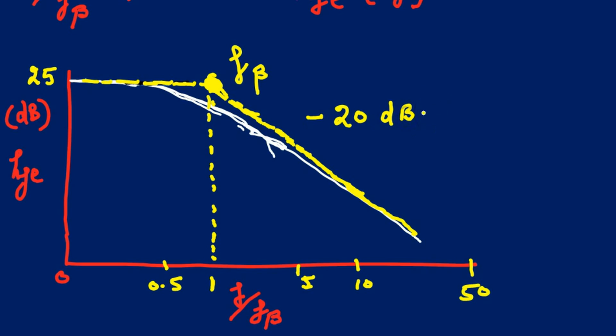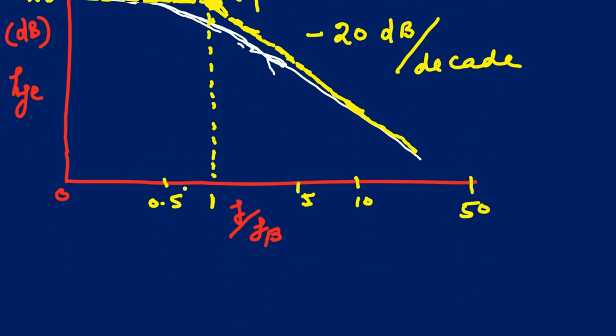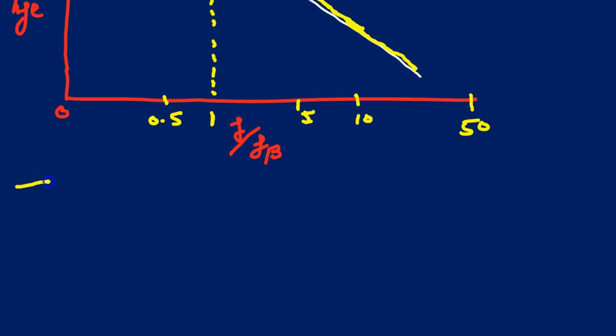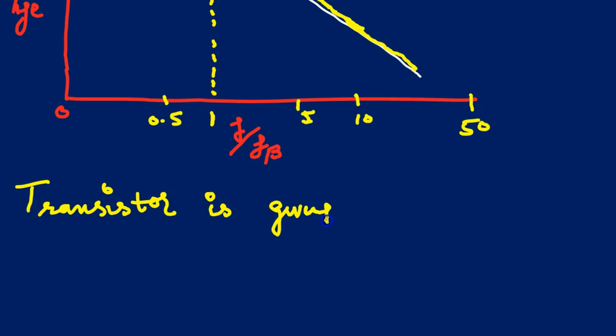Here, the decay is minus 20 decibel per decade. Decade means frequencies in multiples of 10. So for 1 decade, the HFE comes down by 20 decibel.